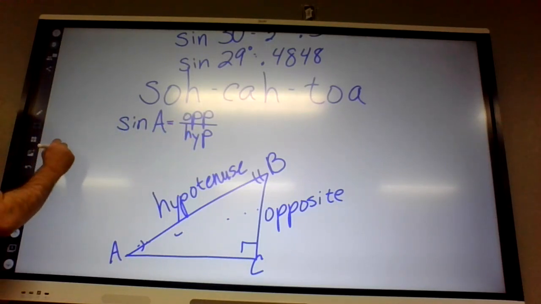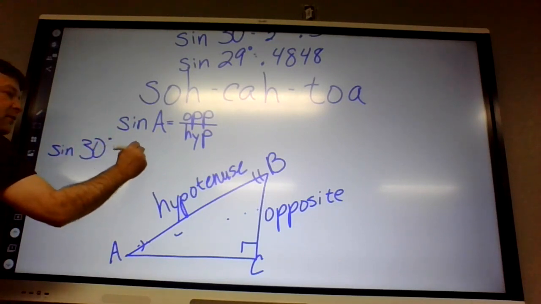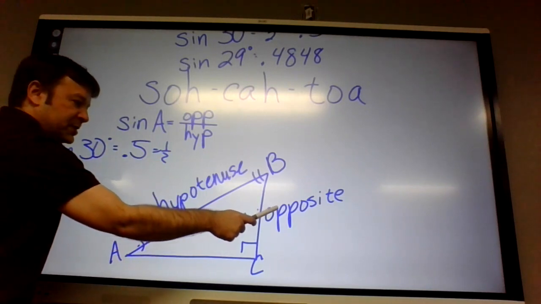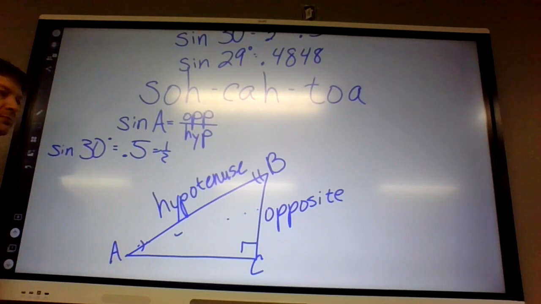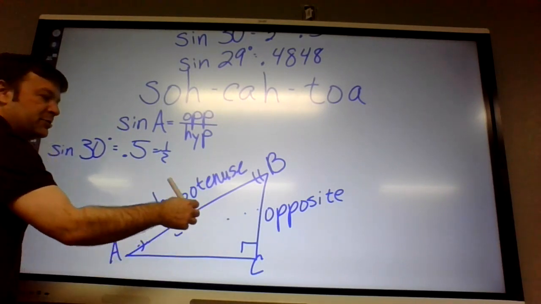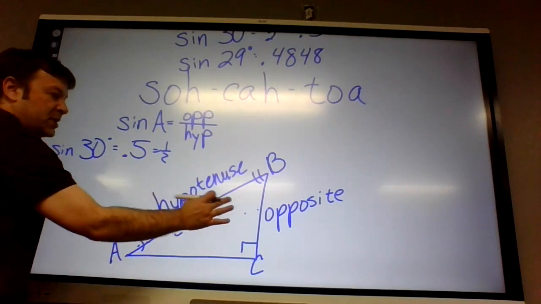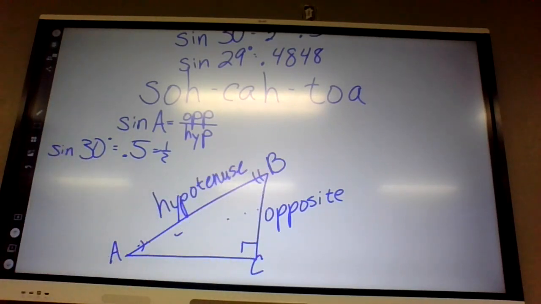So some of you earlier plugged in sine of 30 and you got 0.5 or 1/2, right? That means the opposite is like 1 and the hypotenuse is like 2. That's the ratio of these sides. So if it's a 30-degree angle down here, the hypotenuse is twice as big as the opposite there. Okay.